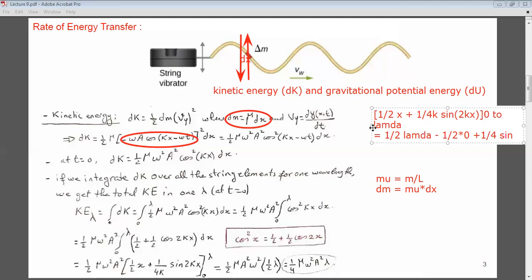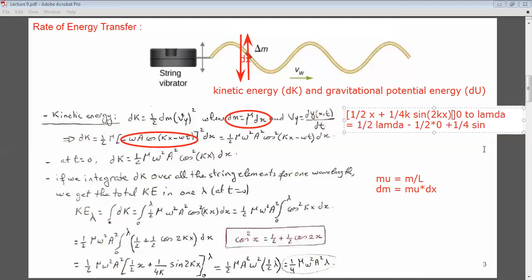So it is 1 over 4k sine of 2k lambda, minus 1 over 4k sine of 0.